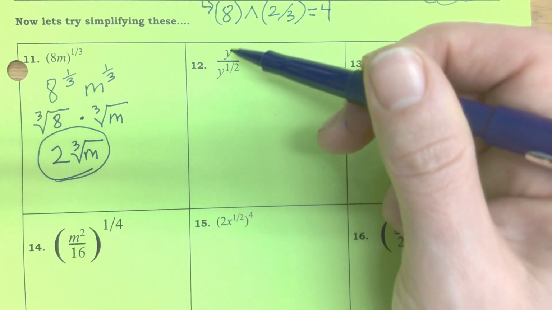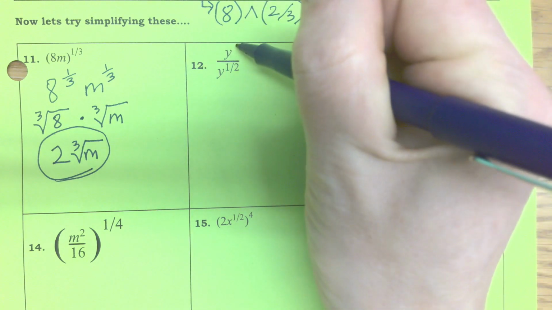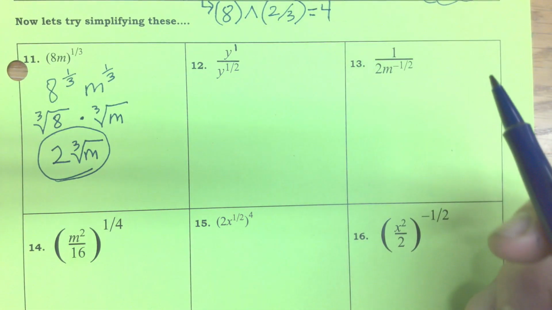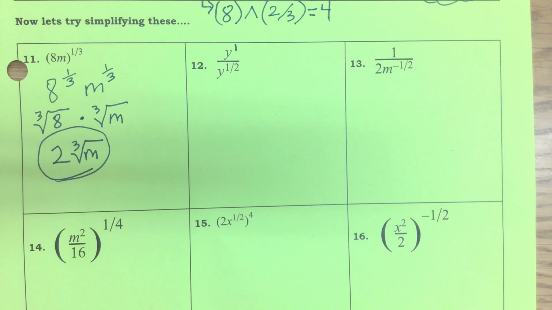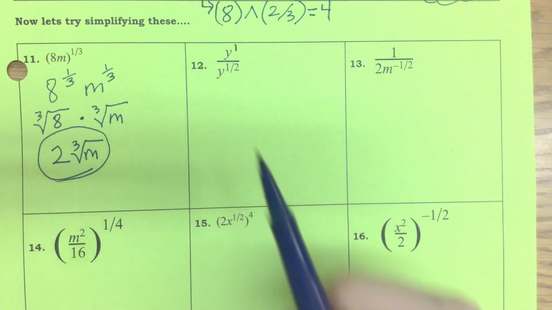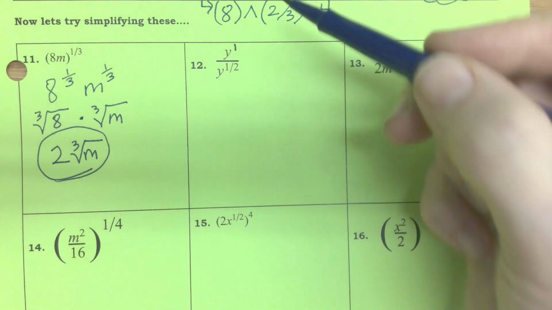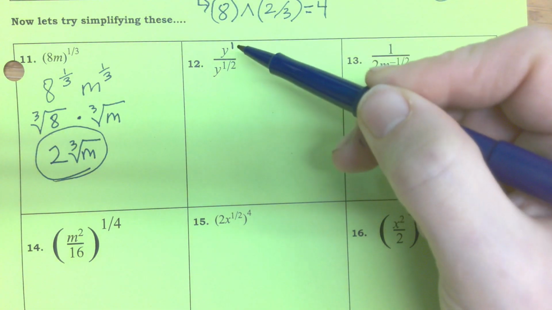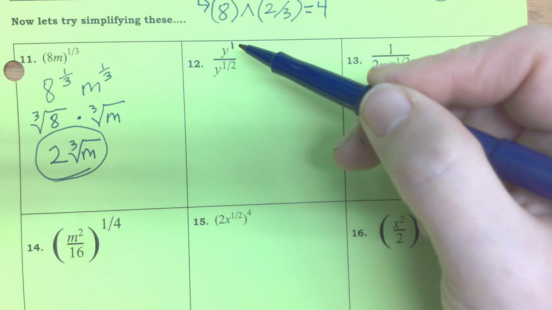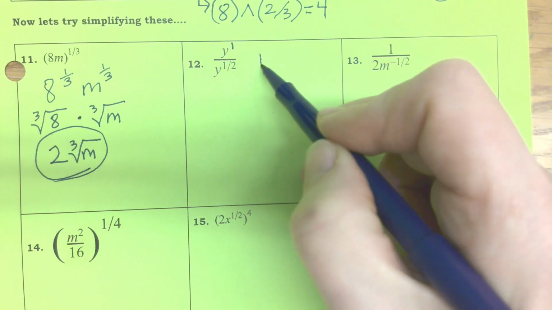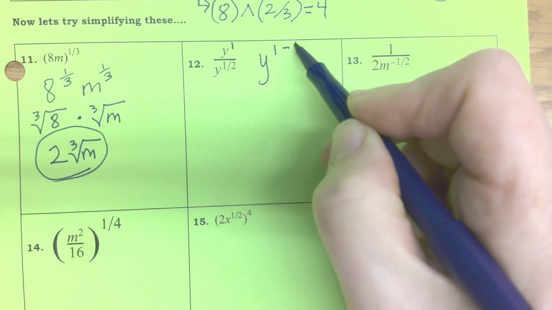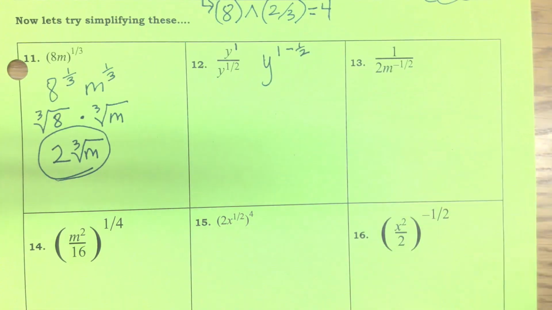Okay, how do we deal with these guys? Do you remember these? This was our most recent. Where are there more? How many more? If I don't see a power, I assume it's a 1. Where are there more? 1 is bigger than a half, right? How many more? Well, this is like y to the 1 minus 1/2 power.